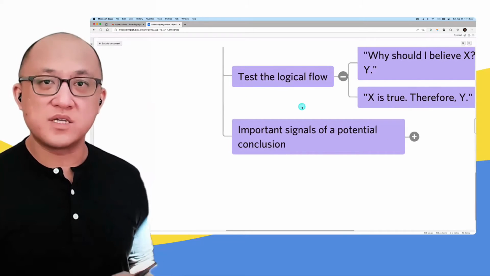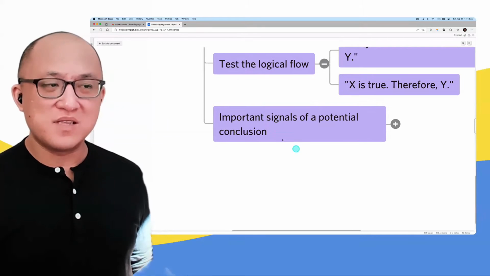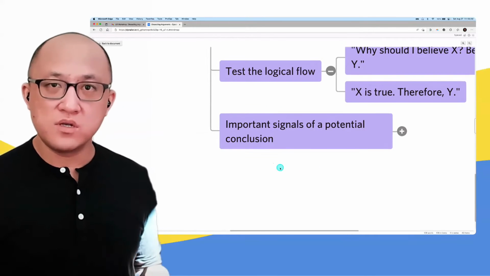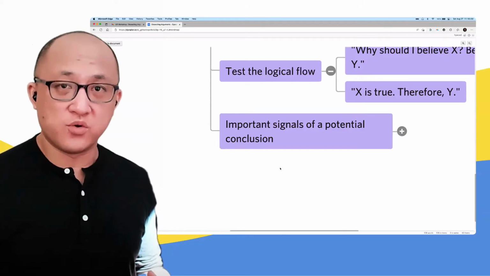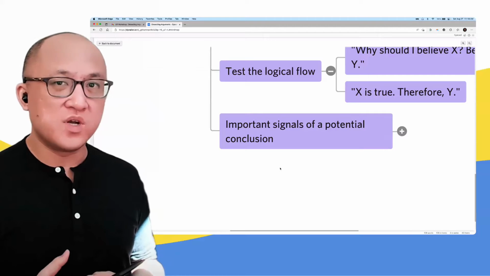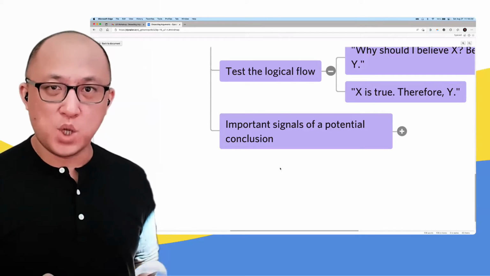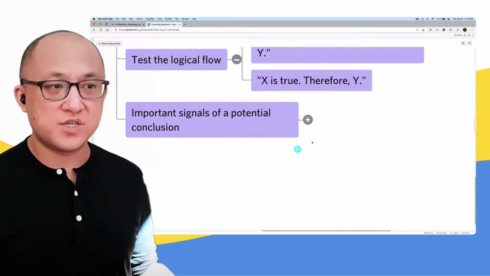You can logically prove and explain this is why it's a conclusion. This last category about signals of a potential conclusion, they're not actually ways to prove that something is a conclusion. They are ways to get on the scent of what the conclusion might be. All right. So that's why I say there's signals of a potential conclusion.